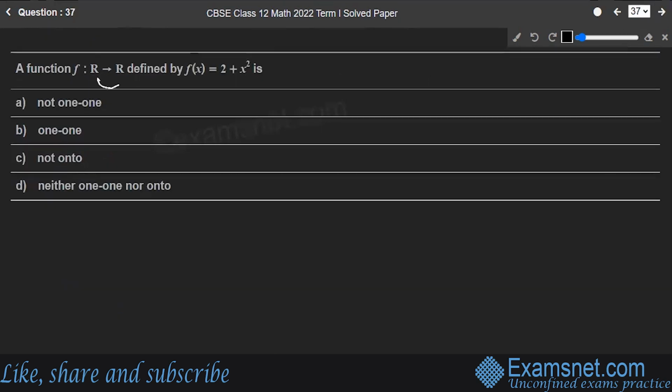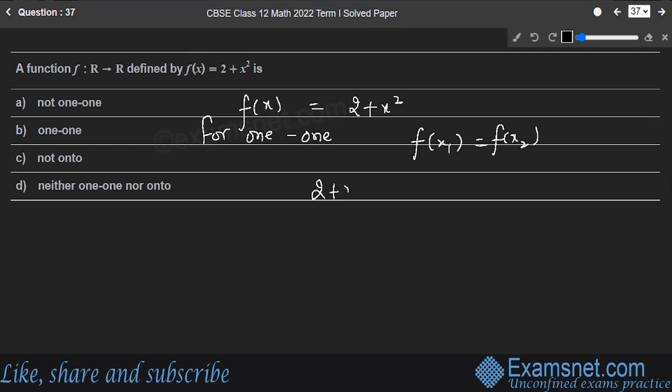A function f defined by real numbers to real numbers is defined by f(x) is equal to 2 plus x squared. This is which type of function? Not 1-1, not onto, neither 1-1 nor onto. You're given the function f(x) is equal to 2 plus x squared. For a 1 to 1 function, you have f of x1 is equal to f of x2, or 2 plus x1 square should be equal to 2 plus x2 square, or x1 square should be equal to x2 square, which makes x1 equal to plus minus x2, right?